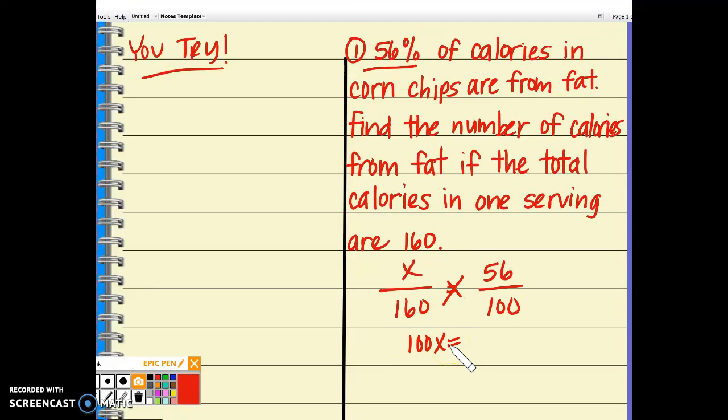We get 100x is equal to 160 times 56, which is 8,960. Divide both sides by 100. We get x is equal to 89.6.